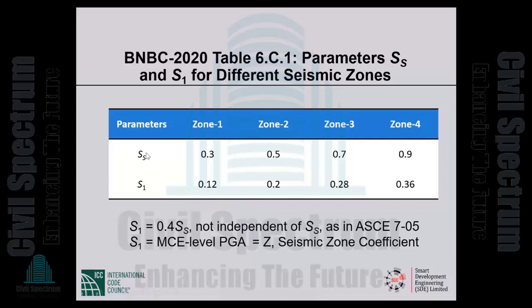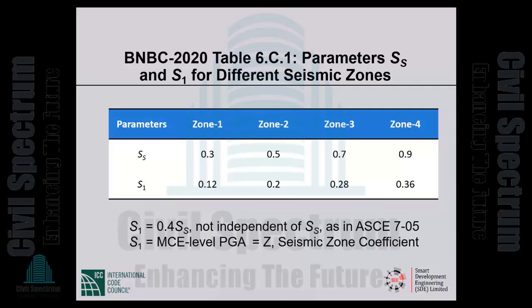The relationship between, how should I say, if you take the short period spectral acceleration, S sub S, divide that by 2.5, you take 40% of that, you get something very close to the peak ground acceleration.